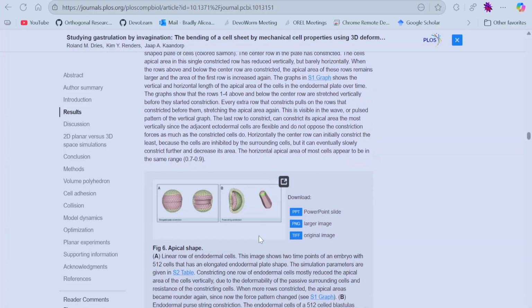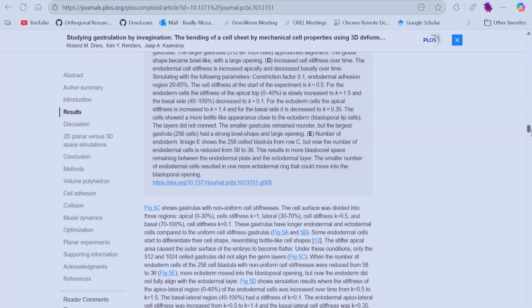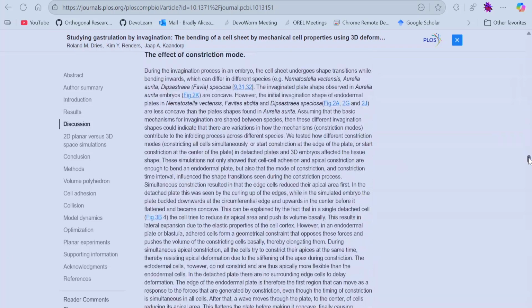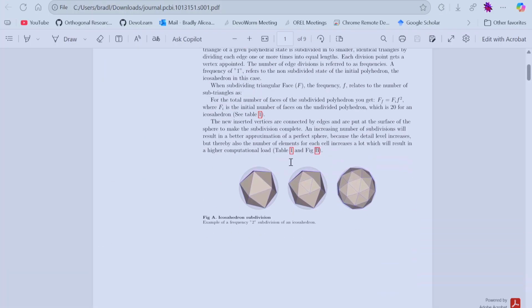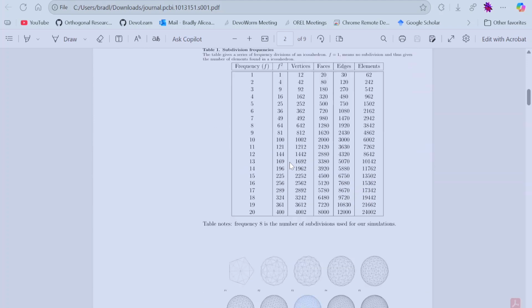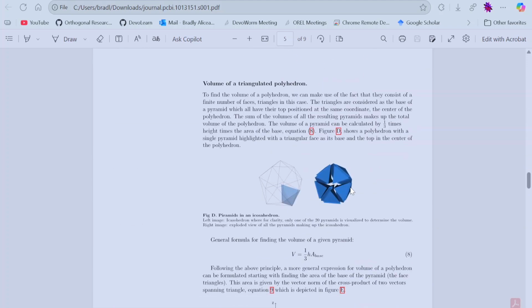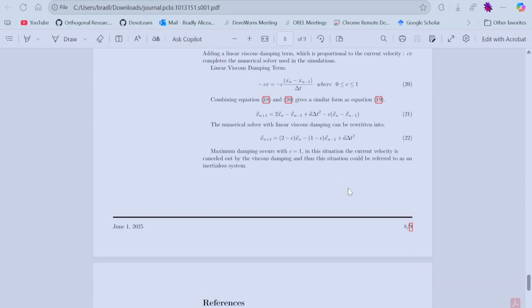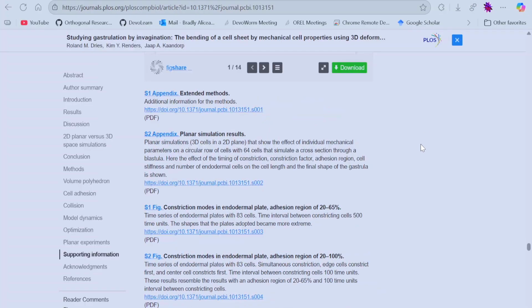Yeah, I'd like to know what software they're using. I'm not sure. Let's see if we can find it. Methods. I haven't read this. Okay, so they're using a lot of math, I see. They're giving a lot of detail, but they're not giving any information about the environment. Did they make their own? They may have. A lot of people do. Which probably isn't good, because you need to have a standard.